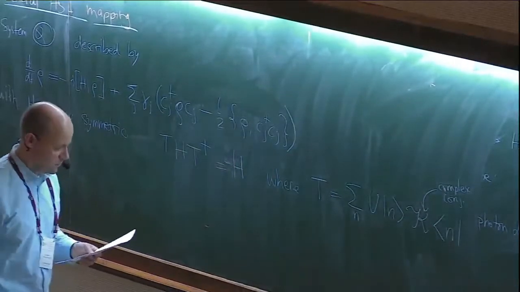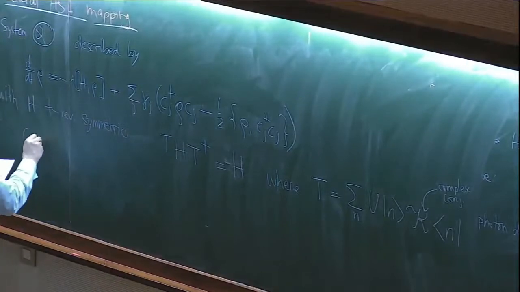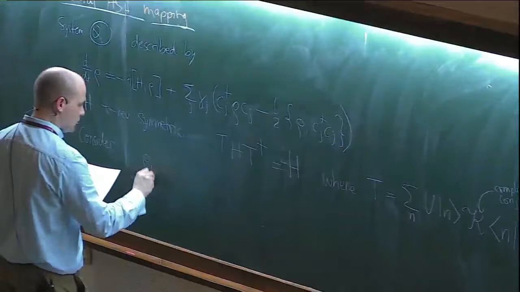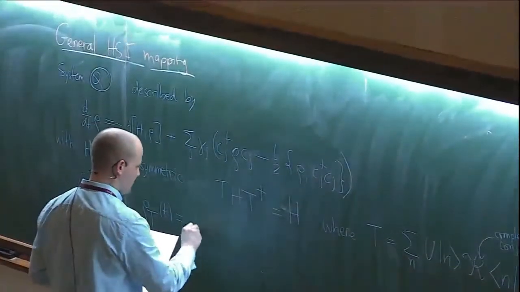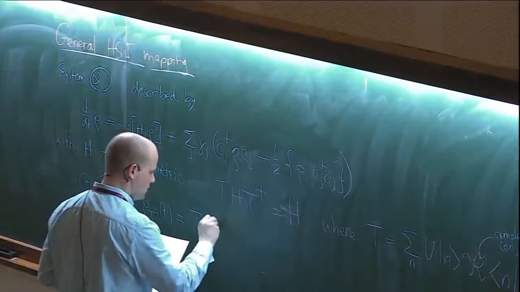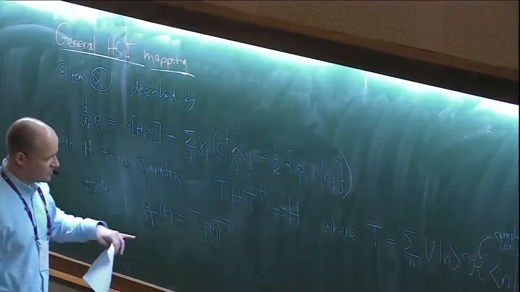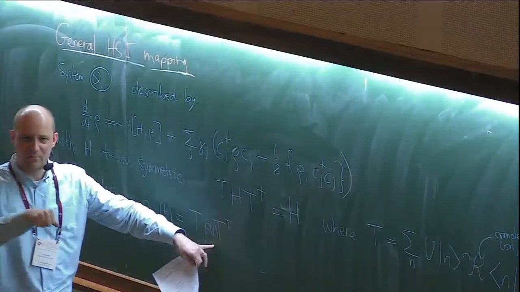Okay, so with that, we'll consider the object rho t, defined as T rho T dagger, and note that this is not backwards in time evolution.